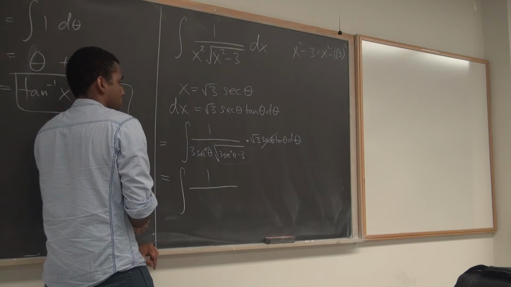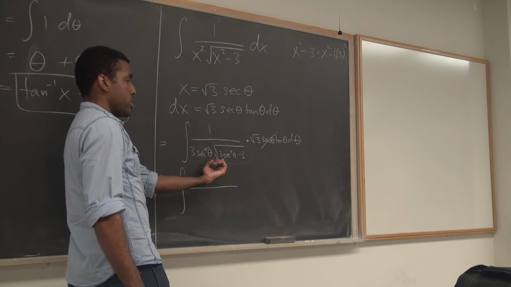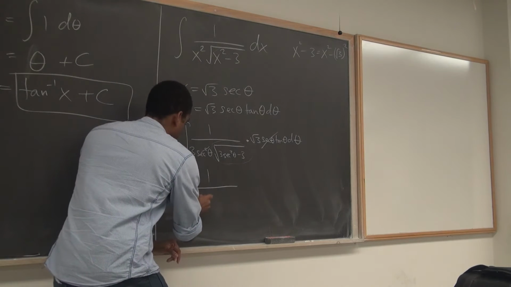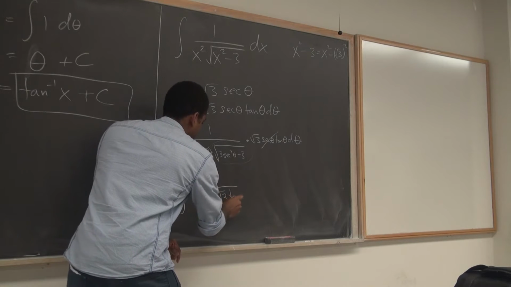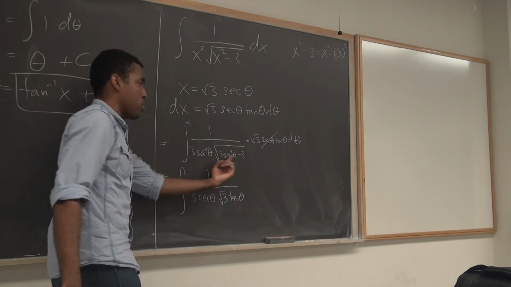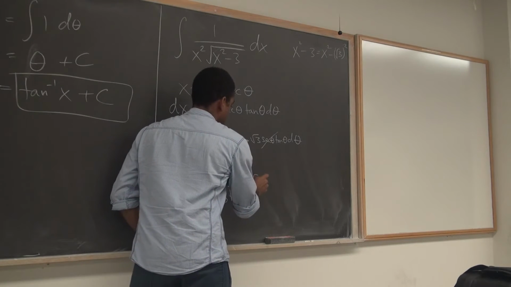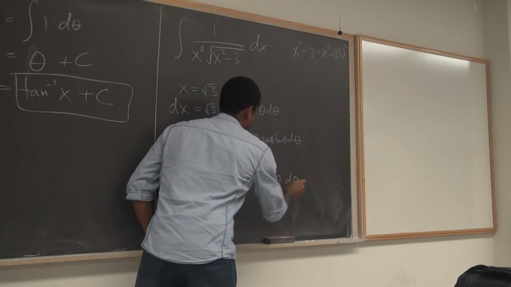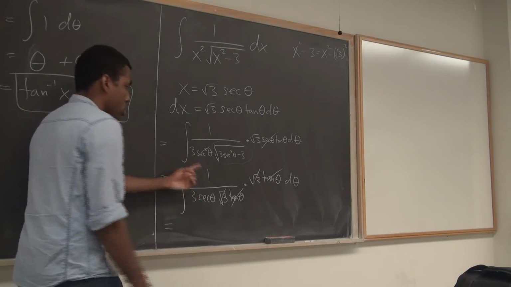Inside the radical, we'd have 3 tangent squared, so this would become radical 3 times tangent theta, right? That's why we do this trig sub, to combine the terms here. Times here, I have that radical 3 tangent theta. The tangent cancels, the radical 3 cancels, and so I end up with 1 over 3 secant.